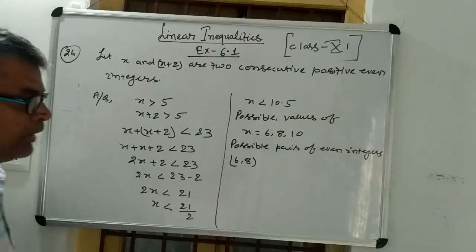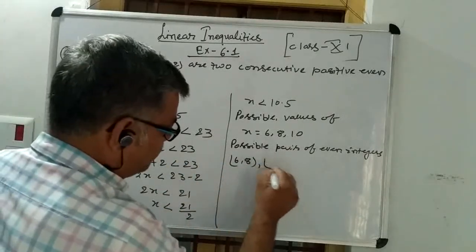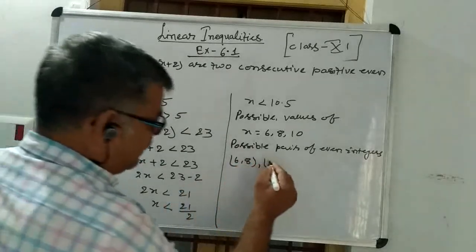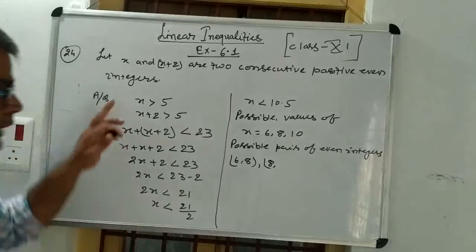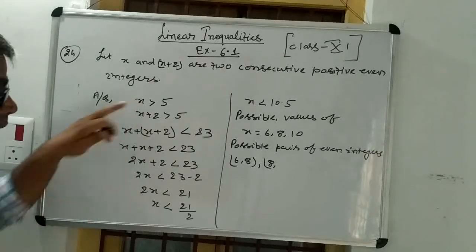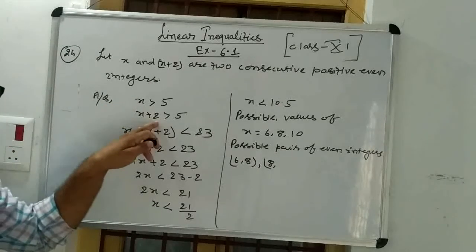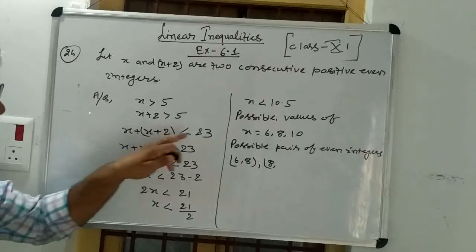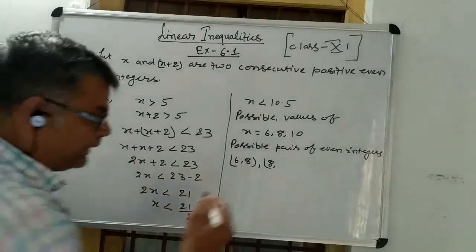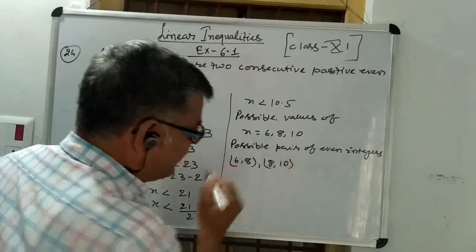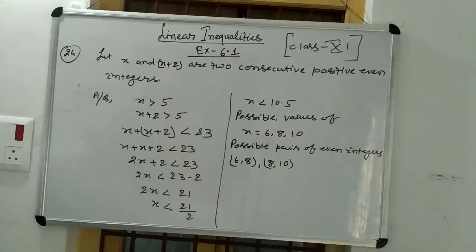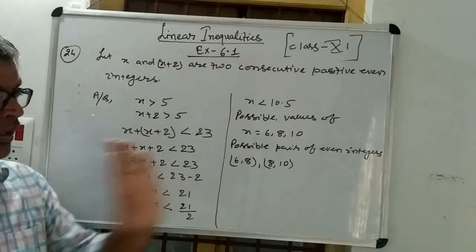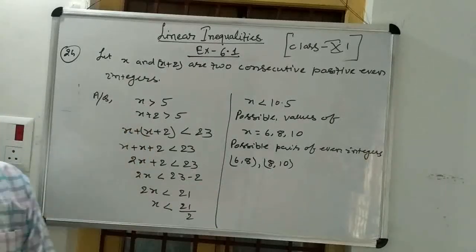Is it okay? Now we check for 8. When you take x equals 8, 8 is greater than 5, correct. 8 plus 2, 10, is greater than 5, correct. So 8 plus 10, which is 18, is smaller than 23. It is also correct. So 8 and 10 is also a pair of solution of this inequality.